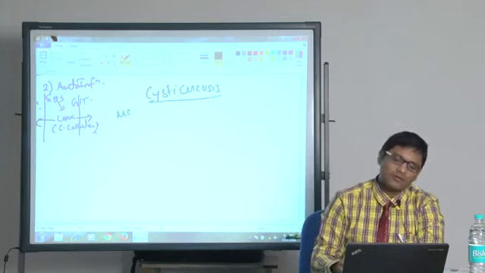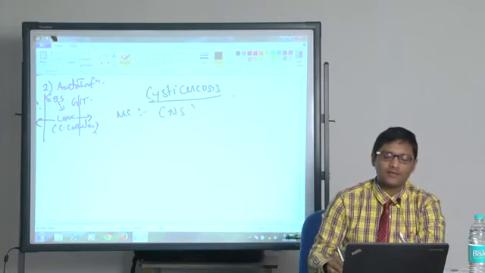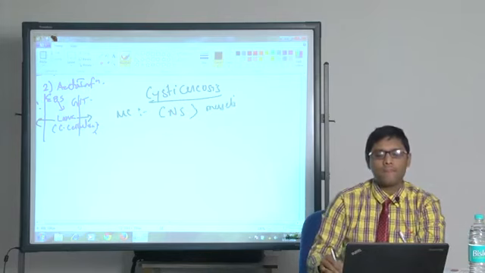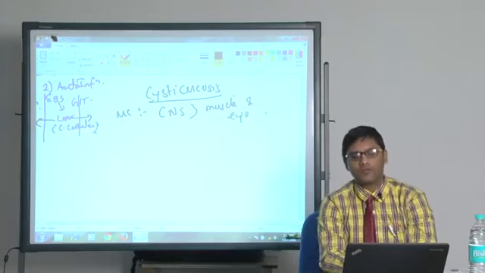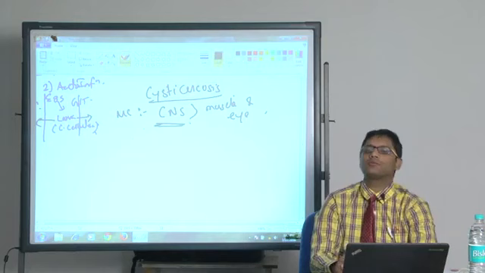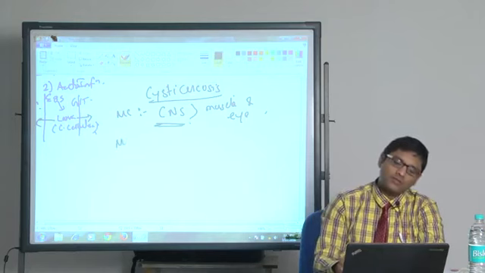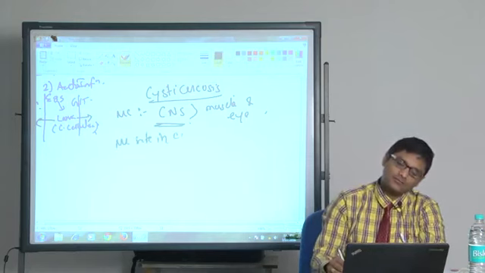The most common organ to be affected is the CNS, followed by muscle and eyes. Neurocysticercosis is the most common form.